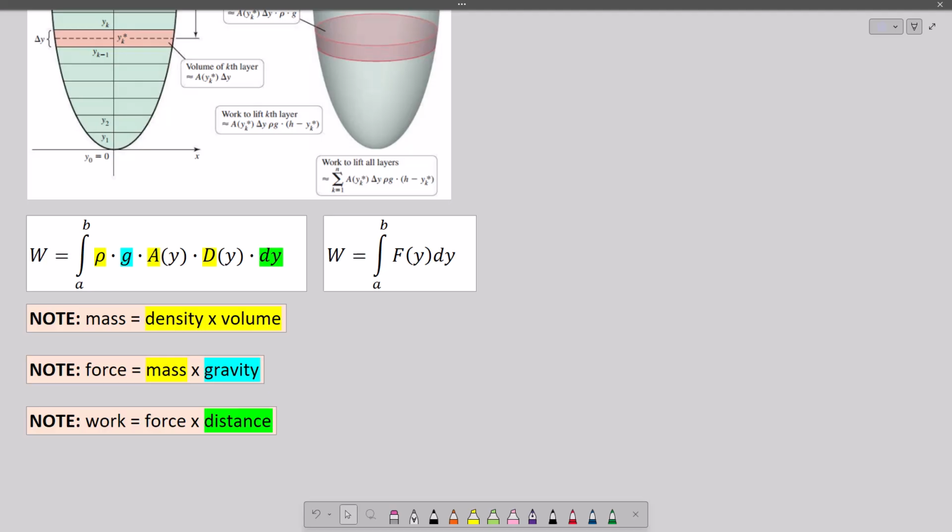Right? dy is a little change vertically, units of meters or centimeters. The distance that a cross-section might have to travel, centimeters or meters. So when I think of this mass as density times volume, certainly density is right there, but I could highlight this A and this dy just as easily as I could highlight these two.